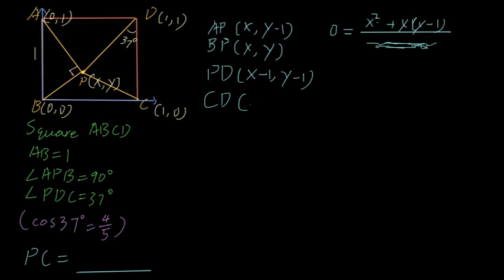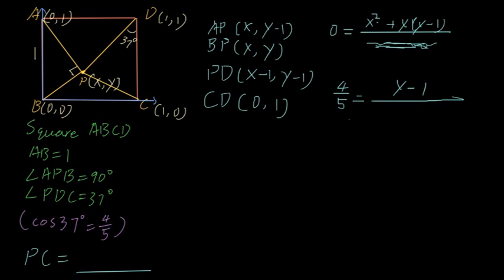And CD has the vector coordinates of 0, 1. The cosine 37 degrees is 4/5. 4/5 is equal to, on top of that, 0 times x minus 1 is 0, 1 times y minus 1 is y minus 1.